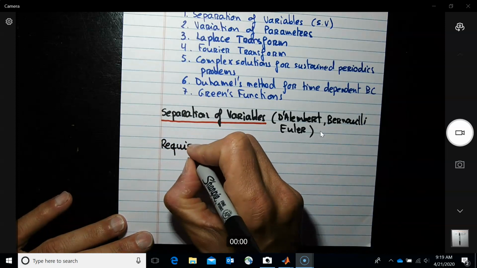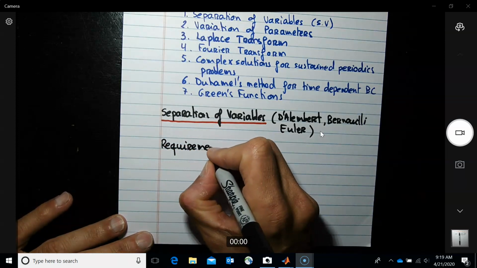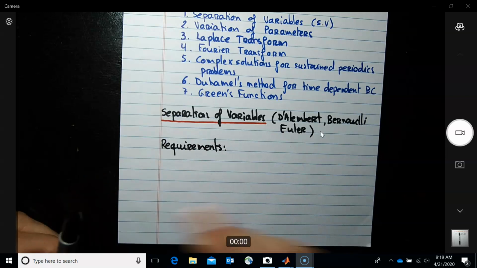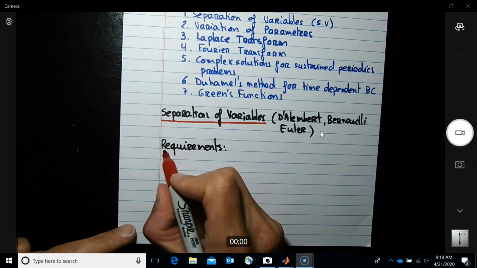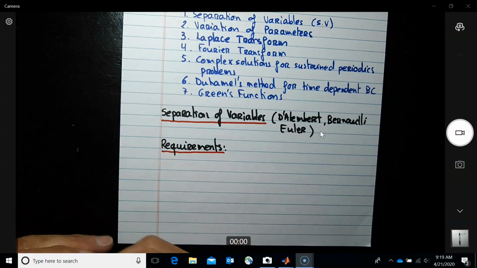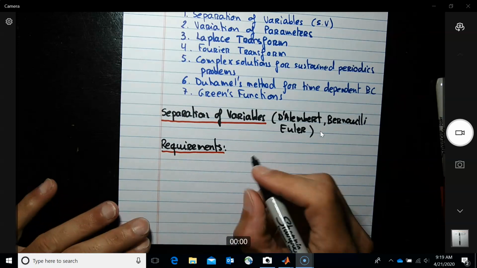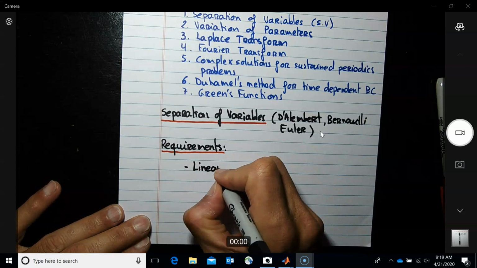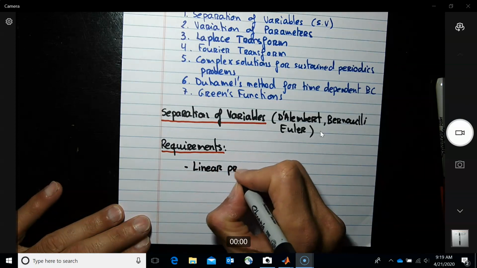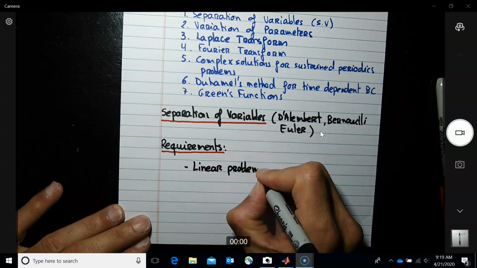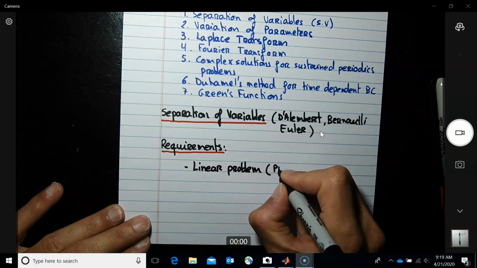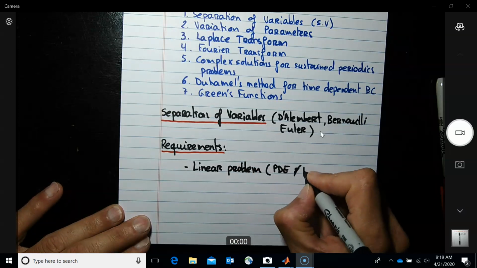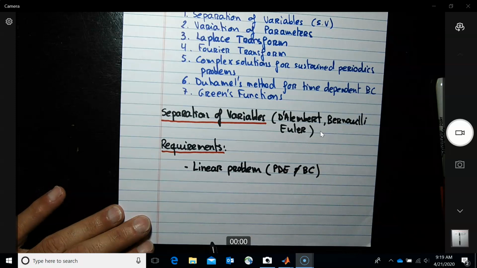In order to be able to use the separation of variables, you need first to identify a few things within the PDE. First it needs to be a linear problem, meaning that the PDE and boundary conditions must be linear.